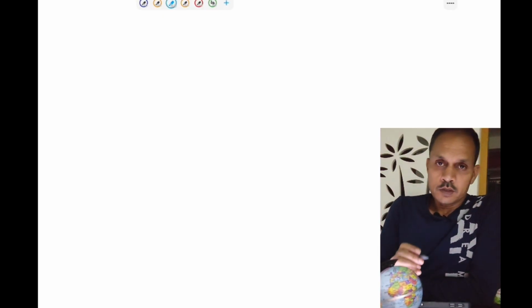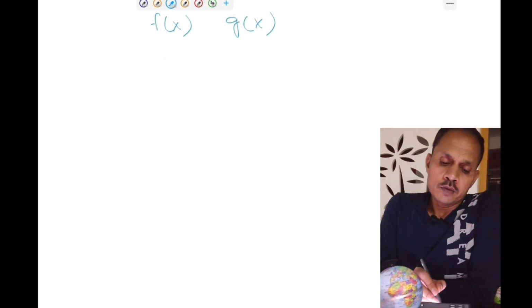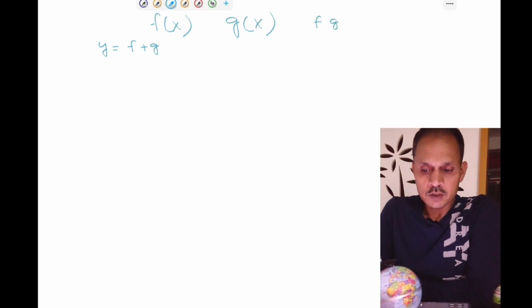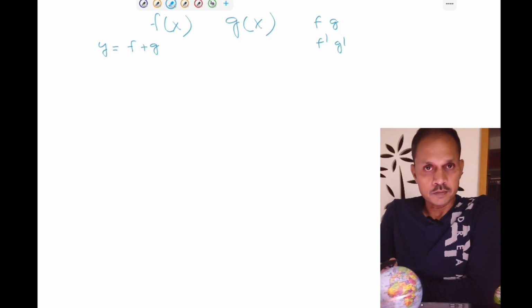Okay, suppose there is an addition of 2 or 3 functions, then what to do? Let us assume f of x and g of x are 2 functions of x, and y is equal to f of x plus g of x. F and g are functions. F dash and g dash are their differentiation, which we also call the derivative.